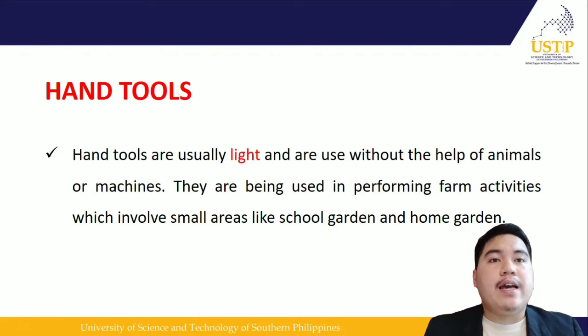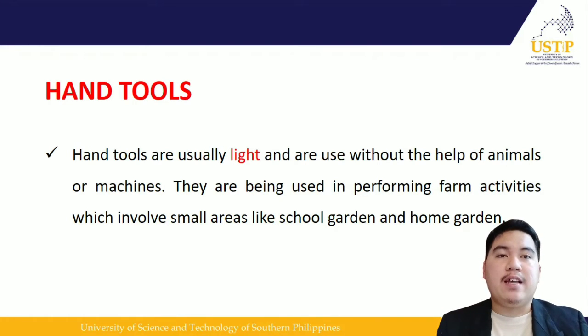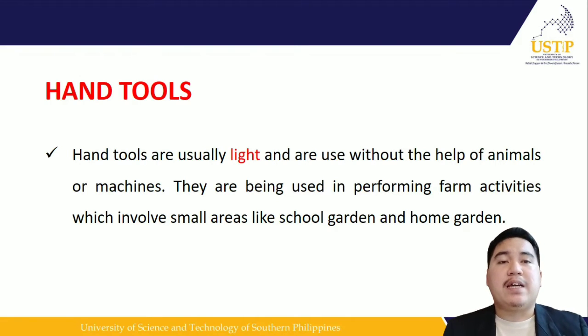In other words, hand tools are very simple tools, common tools, very handy to use. They are lightweight. They are used with our bare hands in performing farm operations, like what I said earlier, school garden, home garden. It's very convenient. Okay? You can see these basic hand tools at home.